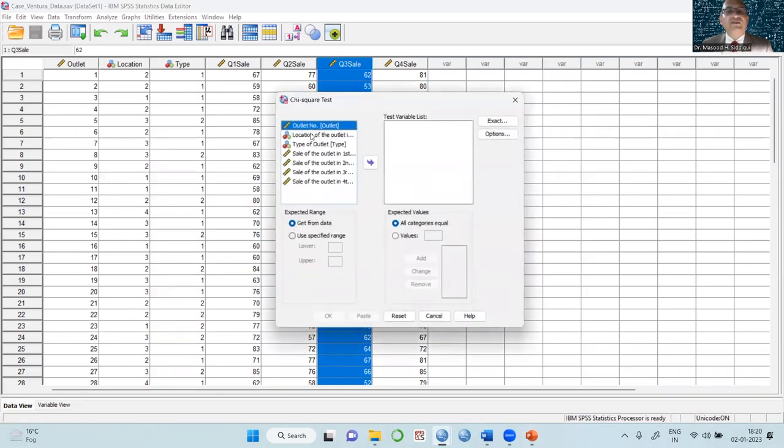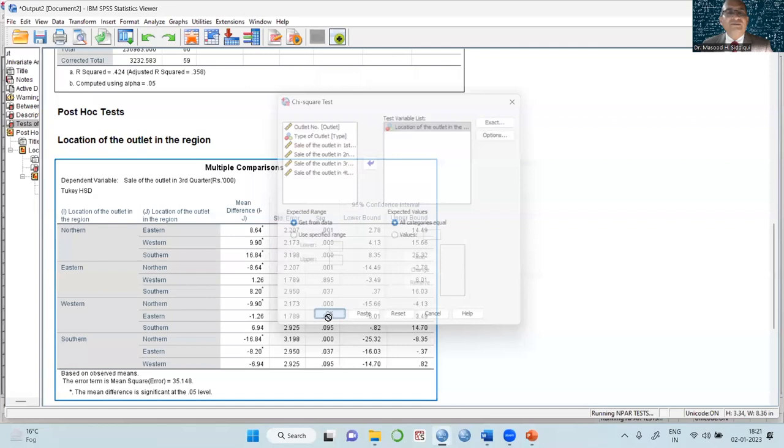And here we have location of the outlet. How are the expected values set? All categories equal. We are using the default option. Otherwise, you can put in some values for the categories. These are the expected values that we are going to use here. And then we press OK.